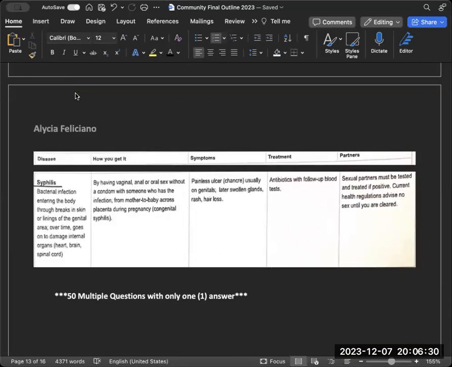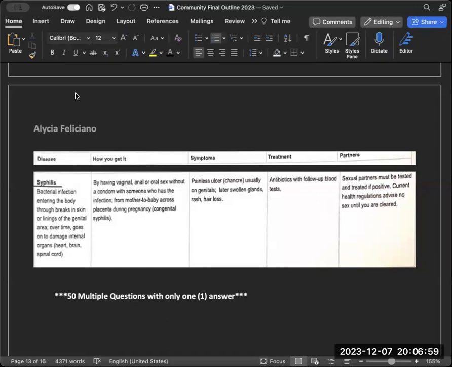How you get it: by having vaginal or oral sex without a condom with someone who has the infection, or from mother to baby across the placenta, also called congenital syphilis. The symptoms are typically a painless ulcer, usually on the genitals, later swollen glands, a rash, and even hair loss. So, a painless ulcer.